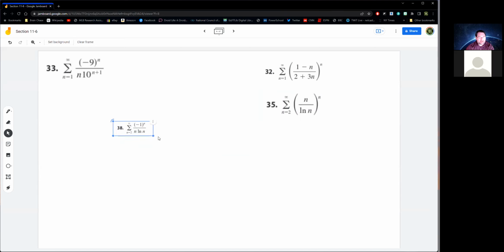This one right here, actually, because of that ln of n, neither the ratio nor the root test is going to help me get rid of that piece. So neither test would be useful for this one. We'd have to do a different type of test for that one.